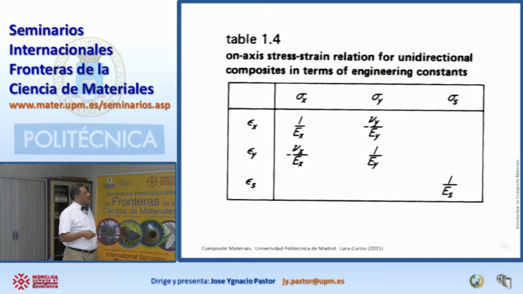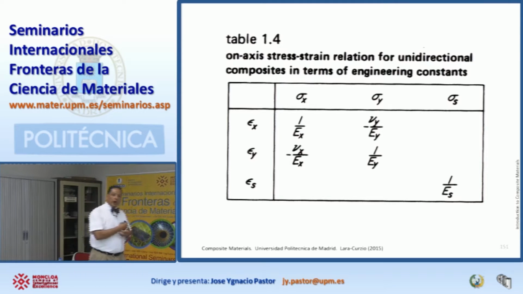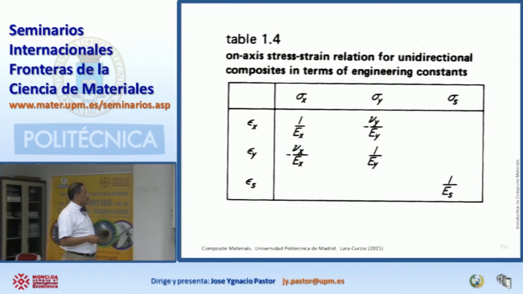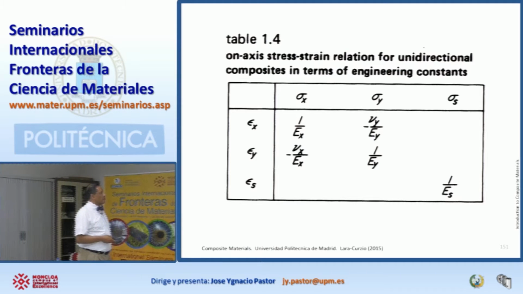And in this system, you can only introduce shear strains by applying shear stresses. Okay? Now, this is not always the case. It just depends on the level of anisotropy. But in this particular case, your shear strains only result from the application of shear stresses. And this is a very convenient way to represent these relationships, because you can program your system using linear algebra, and you can calculate your stresses and strains using matrices and vectors.